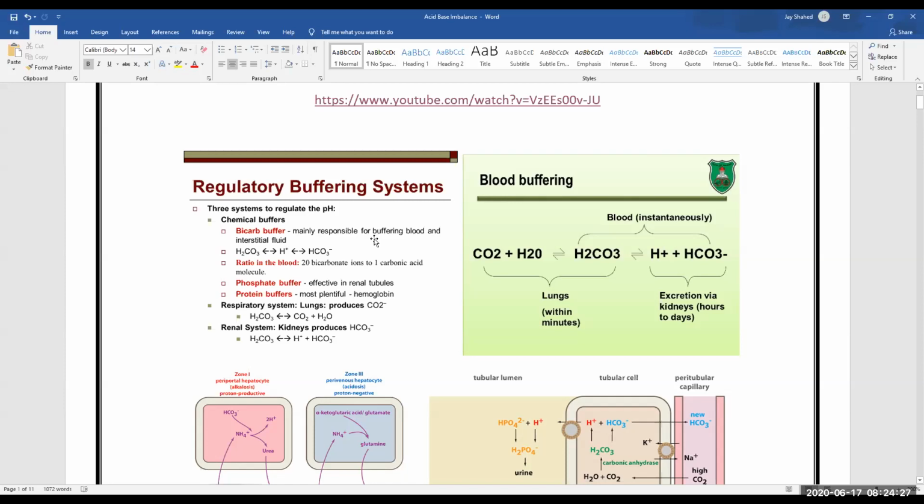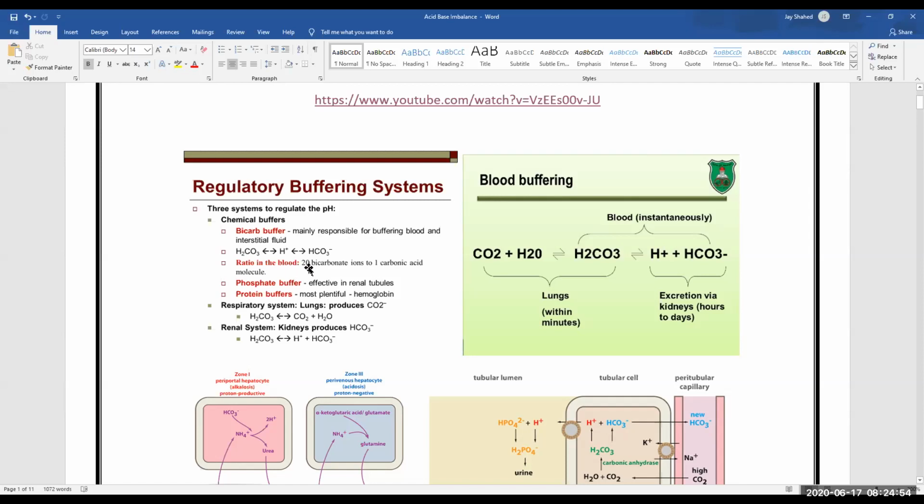There's an enzyme called carbonic anhydrase that plays a major role in breaking this down, and then we produce bicarbonate this way. This reaction can also happen in the blood, and we produce bicarbonate there too. Now there is a ratio in the interstitial fluid and also in the blood.